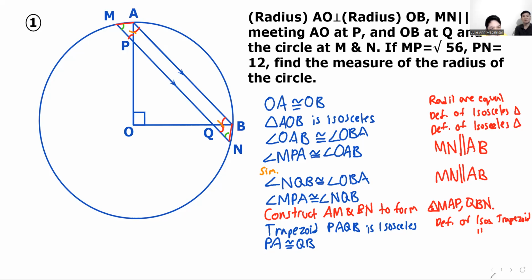Since we already know QN, I'll put a guide and then dotted lines.